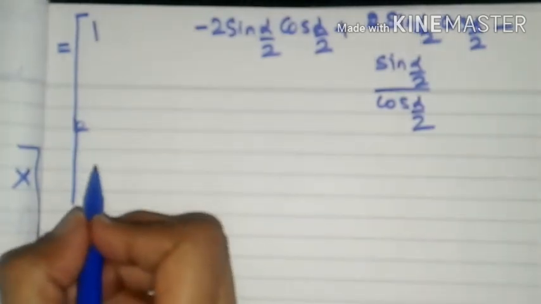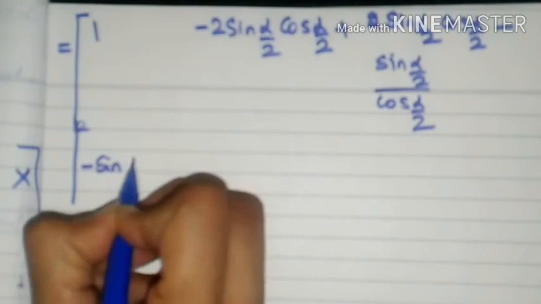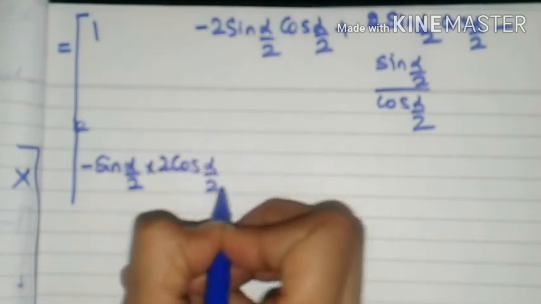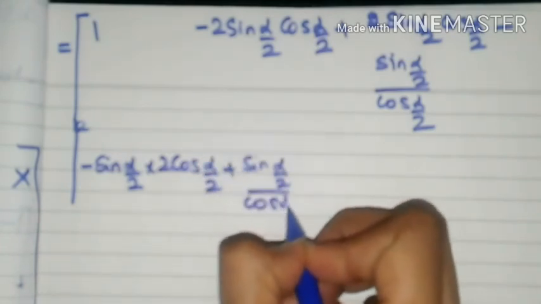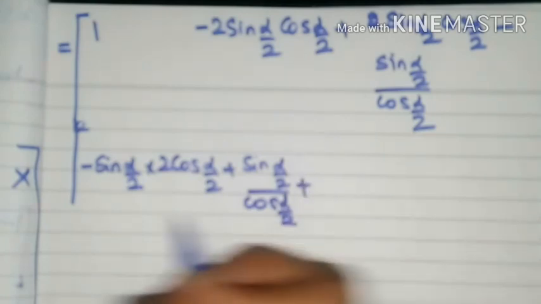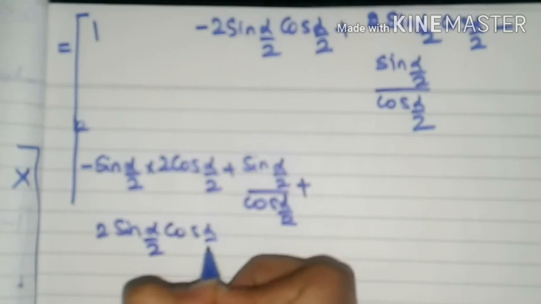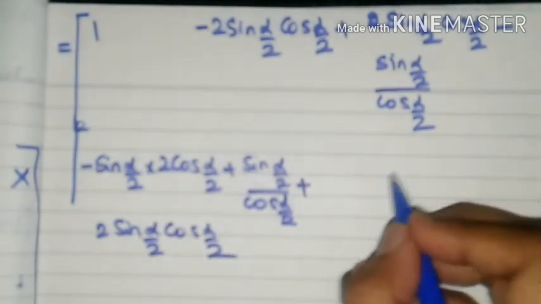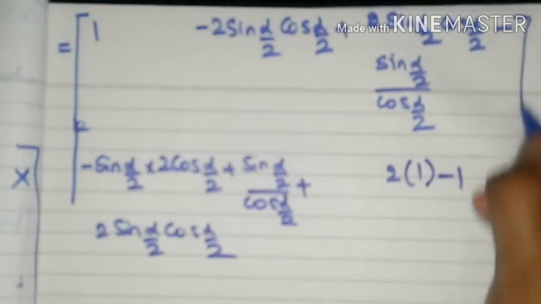Now the second row first column you will be again left with a similar term, minus sin alpha by 2 into 2 cos alpha by 2 plus sin alpha by 2 divided by cos alpha by 2 plus 2 sin alpha by 2 into cos alpha by 2. Now the second row, second column will be 2 times 1 minus 1.